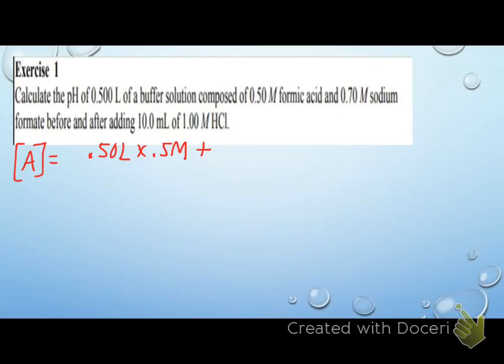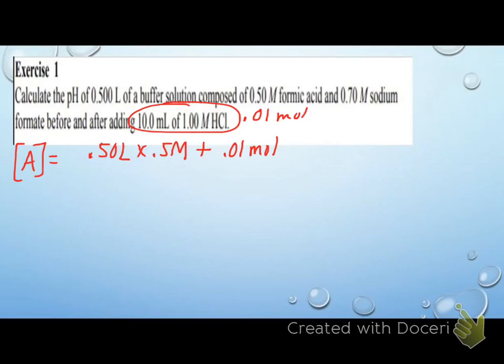Now I'm going to add some moles because I'm adding HCl, so I'm adding more hydrogen, correct? And how much hydrogen am I adding? 0.01 mole, right? Because I'm adding this acid right here. So volume times molarity is going to give me 0.01 moles. So I'm going to add 0.01 moles to this.